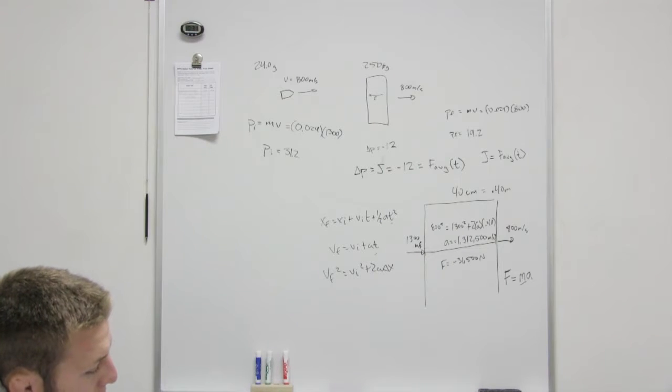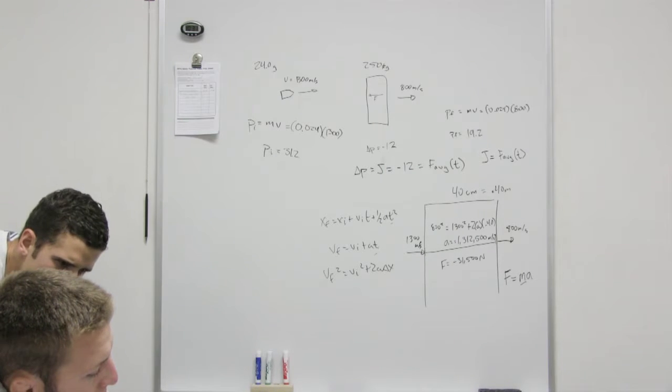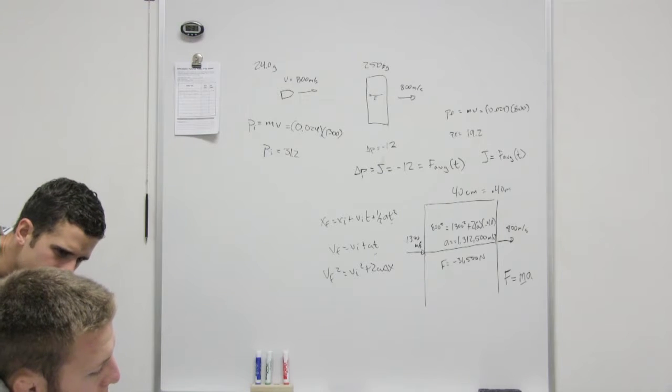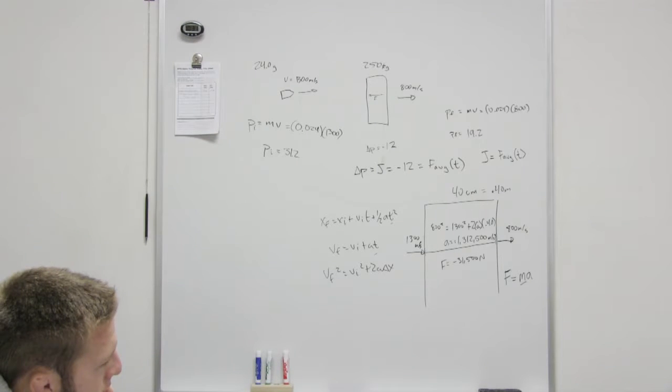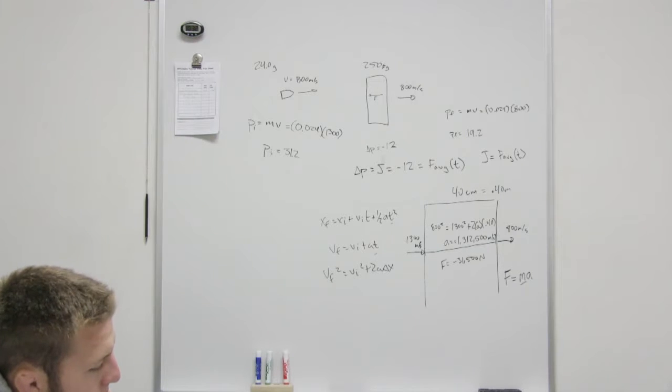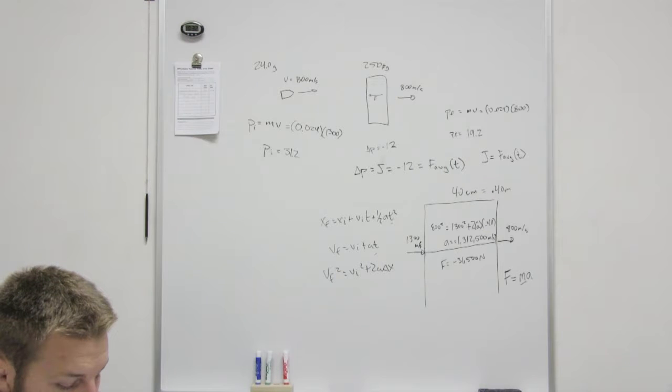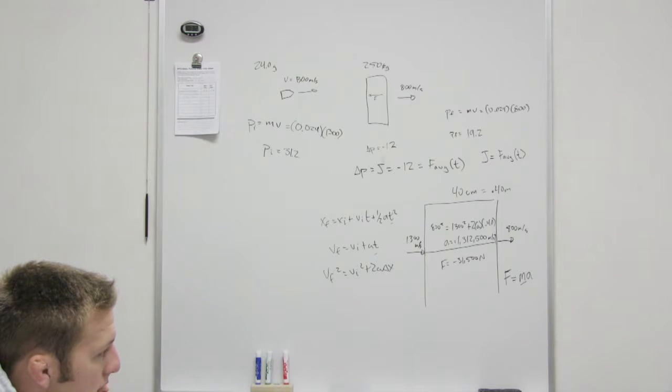So that's the target on the bullet, not the bullet on the target? Well, it would be either one, because if the target exerts it on the bullet, the bullet exerts it back. So negative 31,500, well, positive, you'd probably just use the magnitude of it.